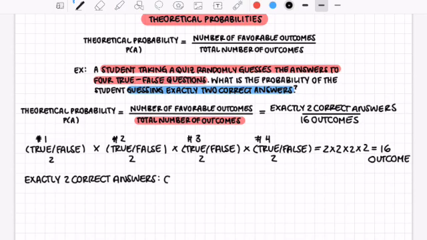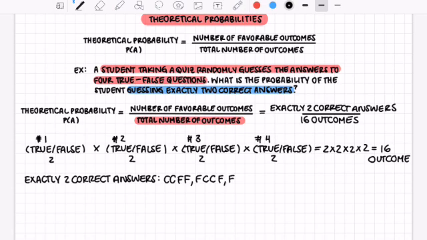Let's say that the first 2 we get are correct, and the second 2 we got were incorrect, right? So it was false. We could say that the first answer we got was incorrect, but then we got problem number 2 and problem number 3 correct, and we got problem number 4 incorrect.